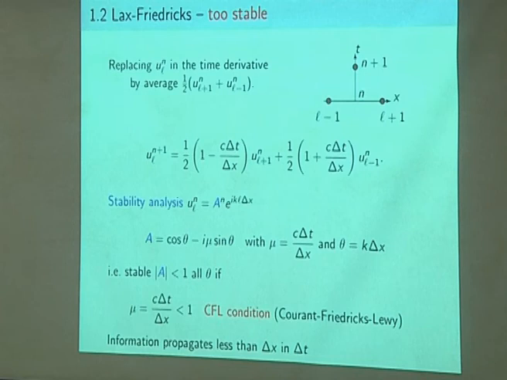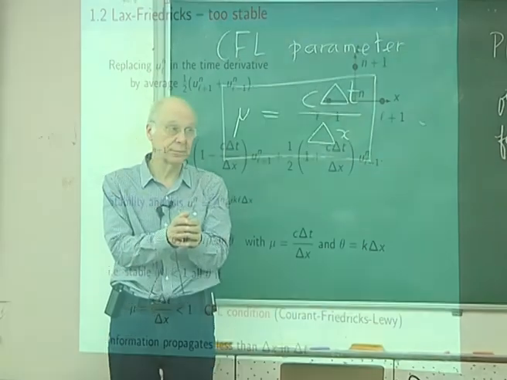I was putting in 1 Fourier wave, but I'd like this to be stable for all possible Fourier waves, so all possible k's, so therefore all possible thetas. It's stable for all possible thetas as long as mu is less than 1. Then it's less than cos squared plus sine squared. So this says in the CFL parameter, we mustn't propagate information in 1 time step further than 1 grid spacing.